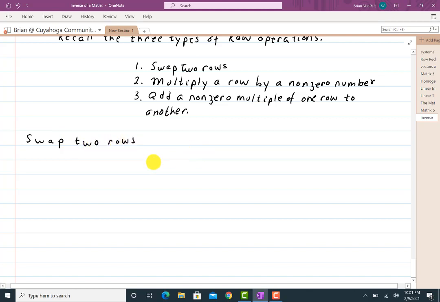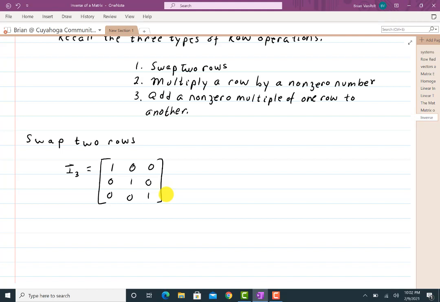So what you do is you start with the identity. As I said, my example here is going to be 3x3 because it's robust enough to get the idea across, but it's also not so complicated as to make the examples horribly grisly.